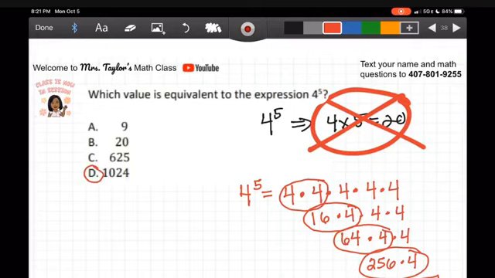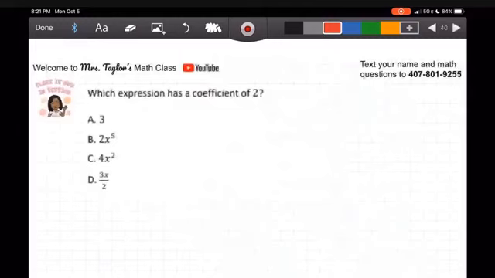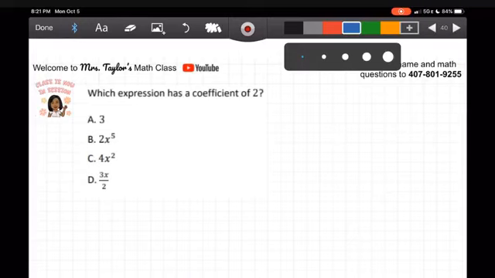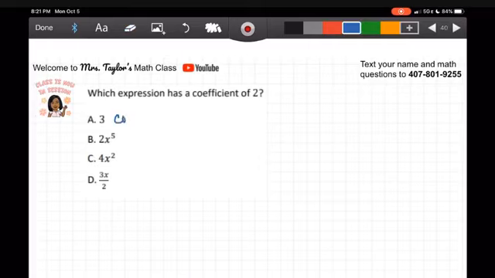All right, let's keep going. This one says, which expression has a coefficient of 2? Well, this right here, you have to know your vocabulary for this. Let's go define this vocabulary. So 3, this 3 is a constant because it's just a standalone number, no variable with it.